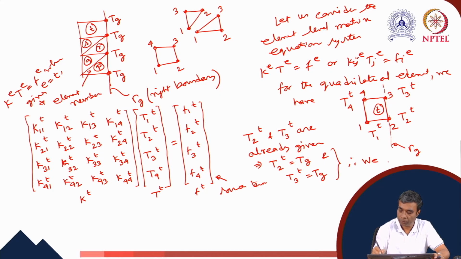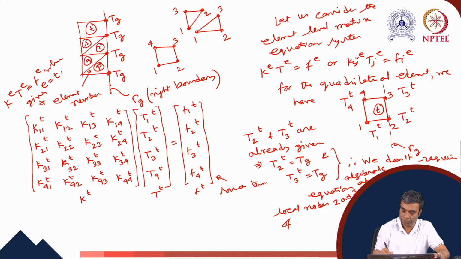Therefore, we do not require algebraic equations at local nodes 2 and 3 of element T, since nodes 2 and 3 belong to eta G, the set of essential boundary nodes.